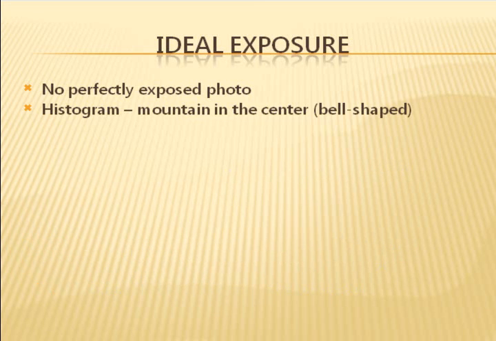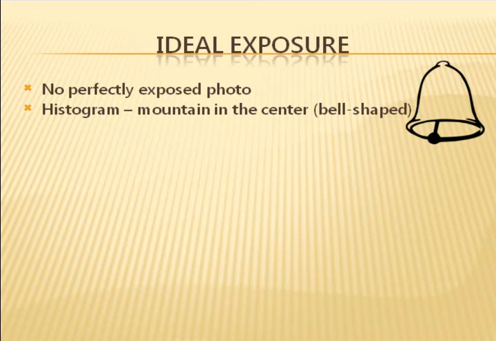The histogram in a good exposed photo has a mountain in the center. It is bell-shaped, and here's a bell icon, and if you look at the top of the icon, see where it starts out a little sloped on the left and rises to the center, and then it comes down and has a slope on the right.